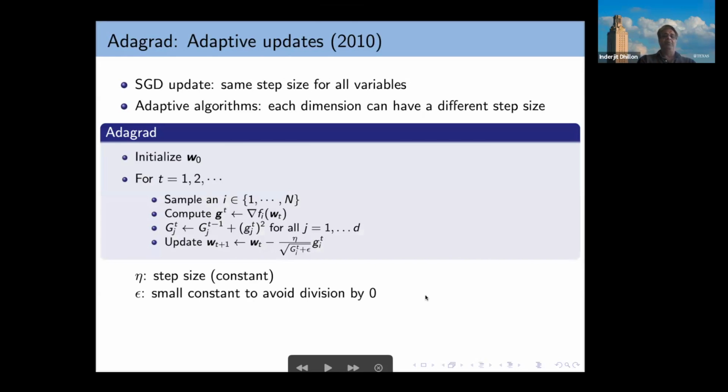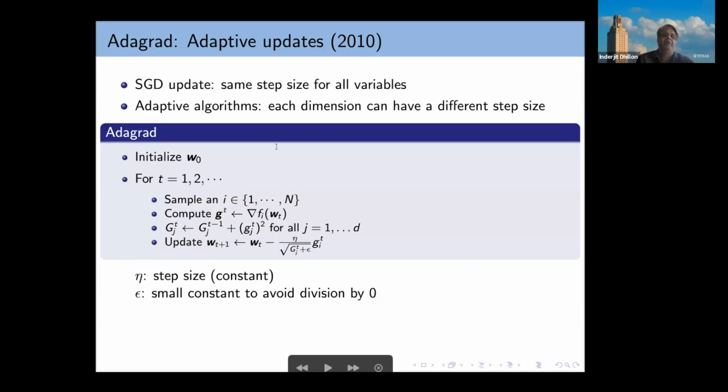Now let's talk a little bit about adaptive updates. This is very important because many of the methods used today in training deep neural networks are based upon a method called AdaGrad. Or you might have heard of Adam. They are somewhat similar.